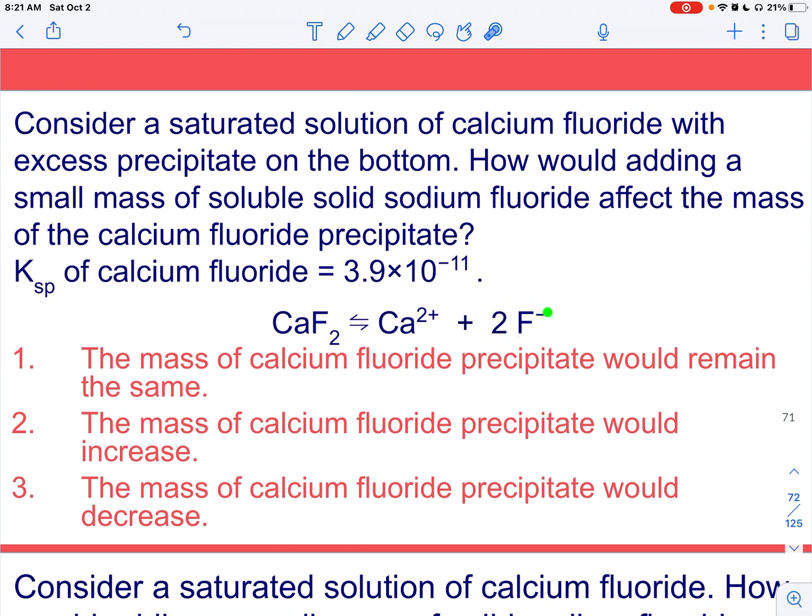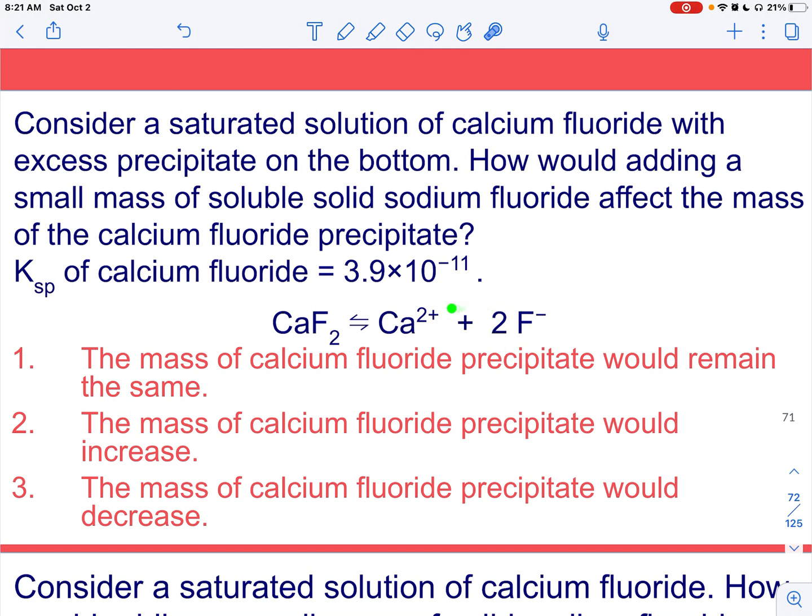We are creating a stress by adding some sodium fluoride. As soon as we put the sodium fluoride in there, we know it's going to dissociate, and we're going to end up with F minus, some extra. You would be able to answer, based on Le Chatelier, that it goes in the reverse direction. So what does that mean about the mass of the precipitate?